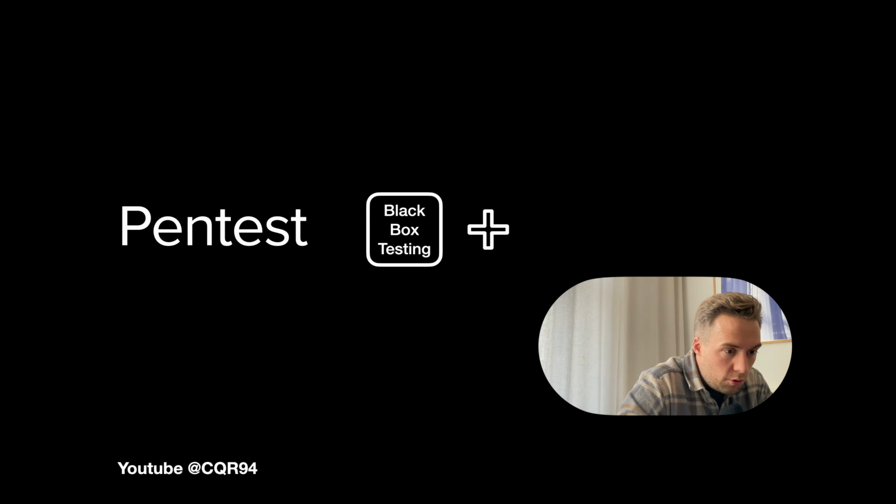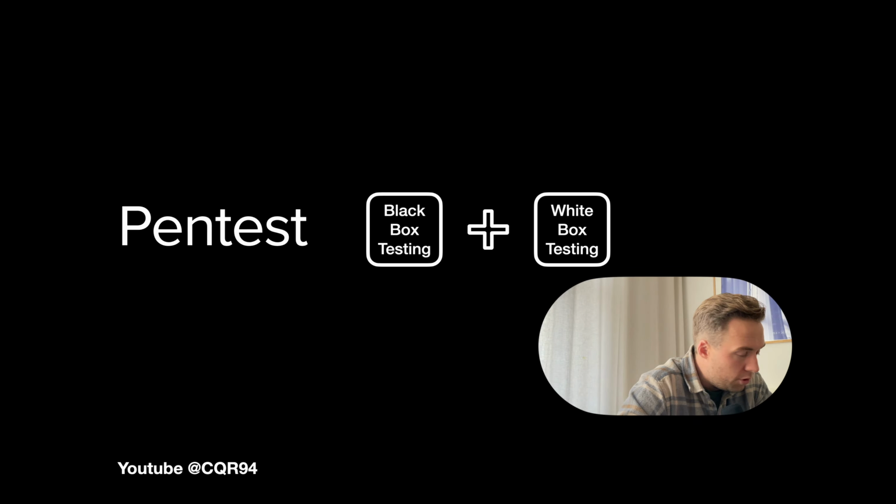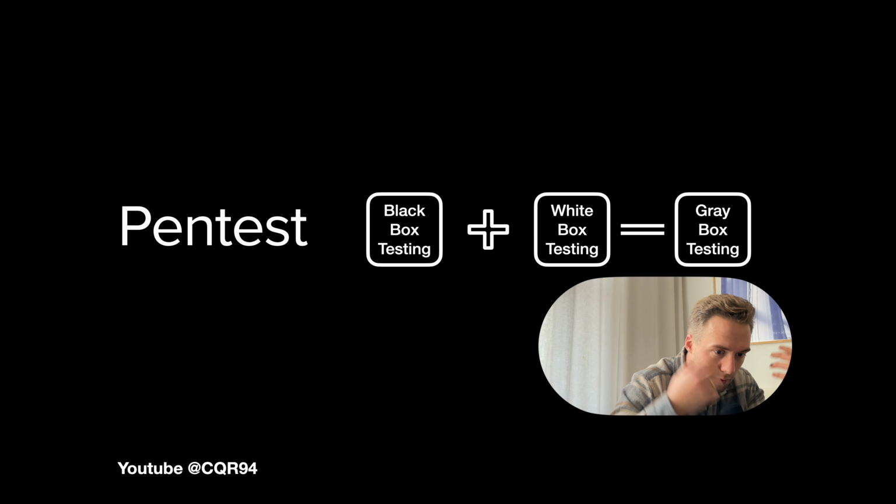When they know what's inside, coupled with the code review and code review pen testing, that is white box. They know the parts inside. If you combine these two, it's called gray box testing overall, because you're mixing white, knowing what is inside and having full access with the code review, and black box, where you don't know anything but have to test different kinds of parameters and see what's going on.